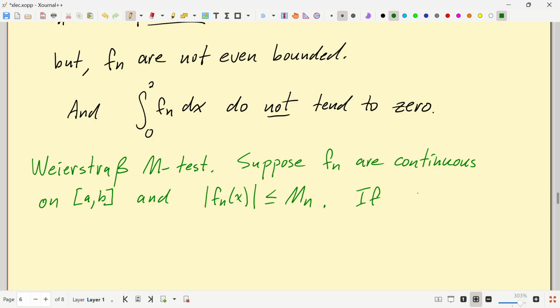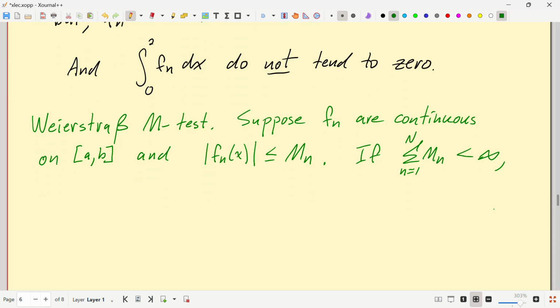Then if those Mn's are small enough that their sum is finite, then the sum of the fn of x's converges uniformly to a continuous function.